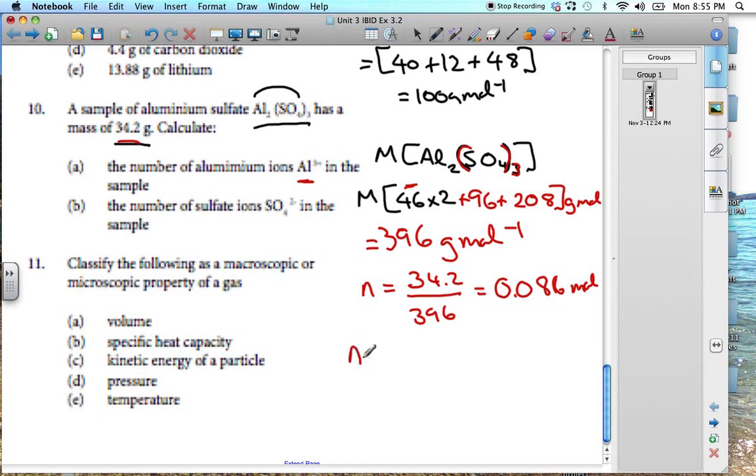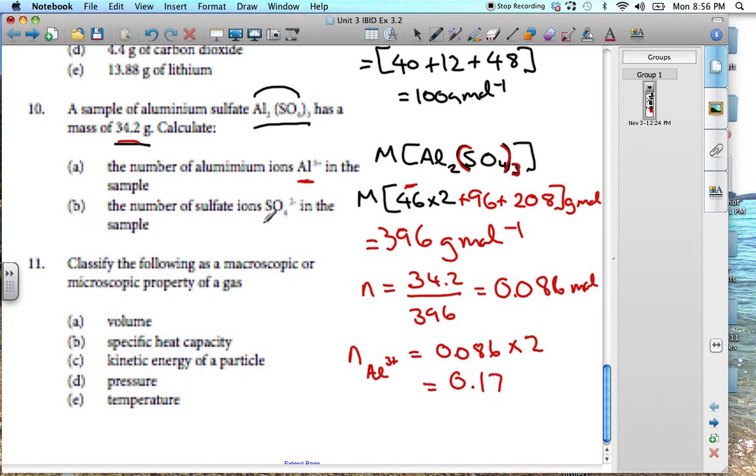So the number of moles for the aluminium 3 plus would equal 0.086 times 2, and I get 0.17.